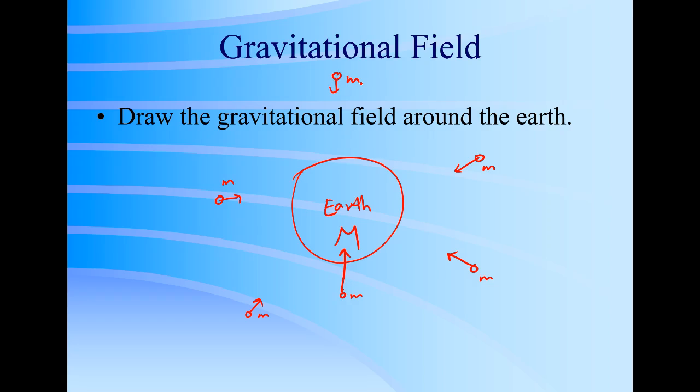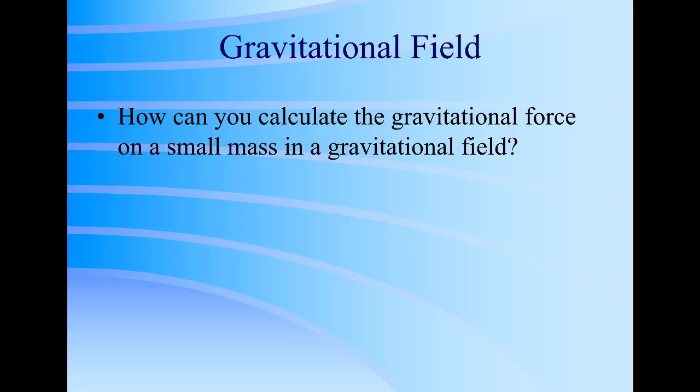It also depends on how much mass the Earth has. So big M and R are factors in the gravitational field. And as a matter of fact, we can calculate the gravitational force, Fg, on a small mass, little m, in a gravitational field, g. So Fg, the force, and little g, the gravitational field, those are vectors.